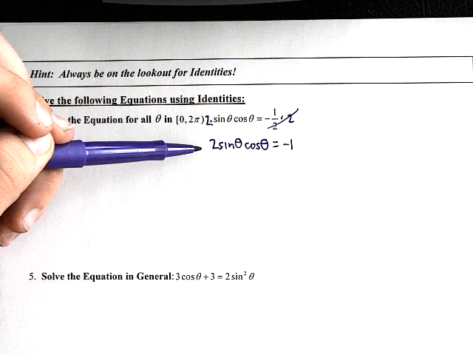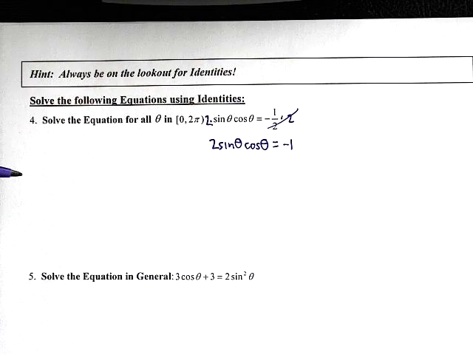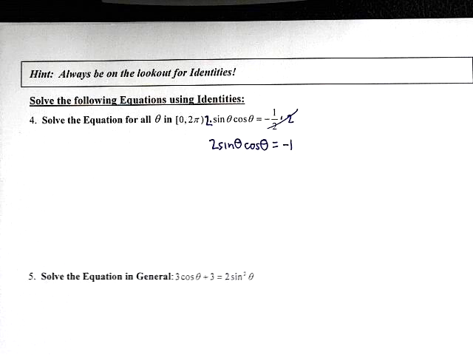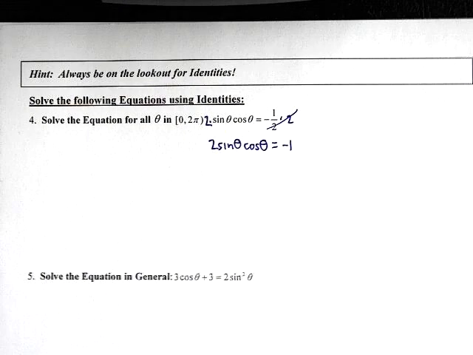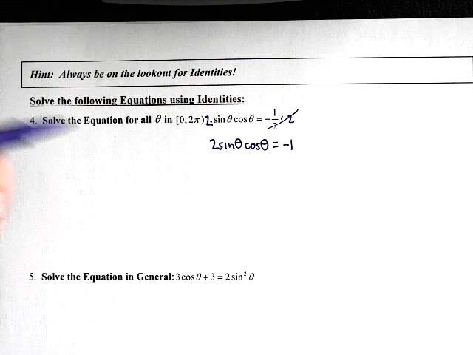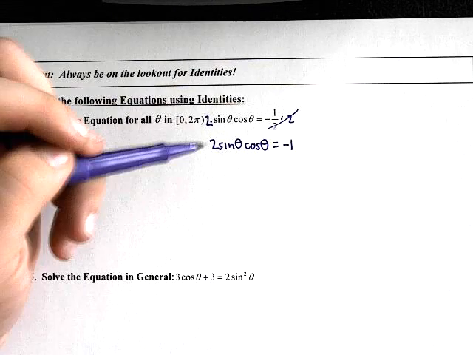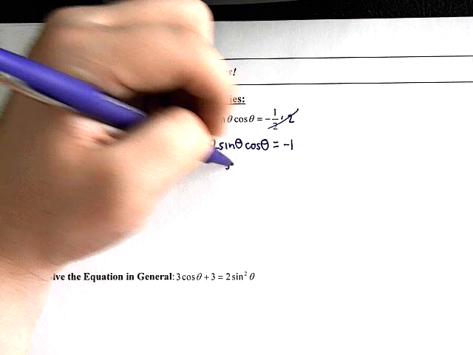Alright, 2 sine theta cosine theta is an identity. And if you don't know it, well, that's frustrating to me because we've been asking you to write down the identities over and over and over again. So at this point in time, we should know both left to right and right to left. And this is our sine double angle.